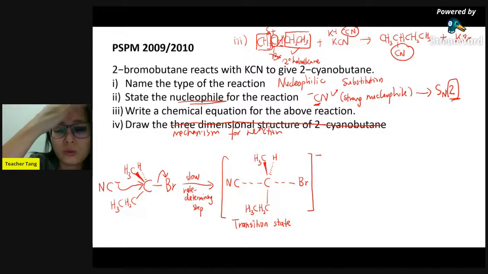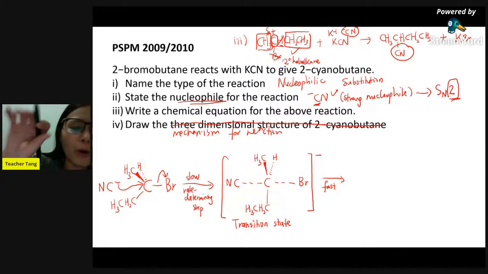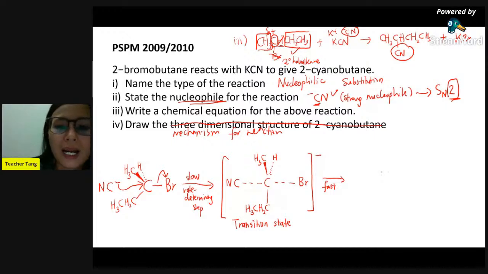And here, very fast, the carbon halogen bond breaks. And then the tetrahedral will be inverted. Okay, the carbon tetrahedral will be inverted. Pointing to the left, after inversion it will be pointing to the right.